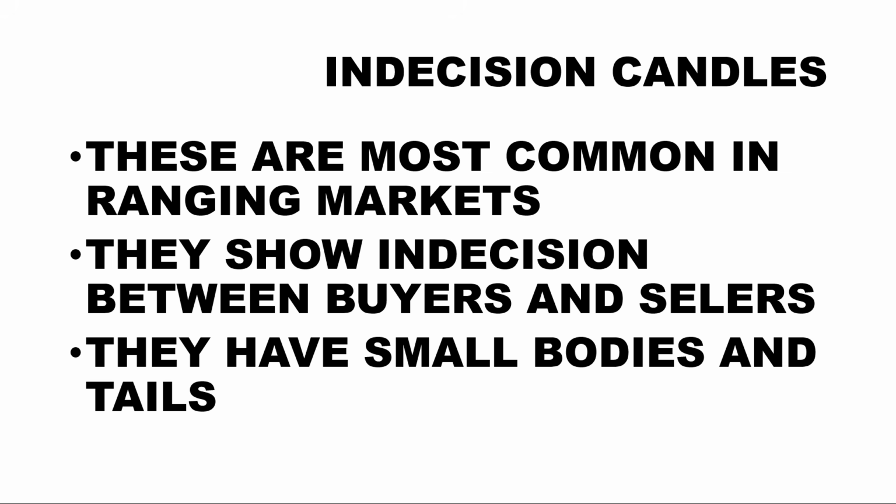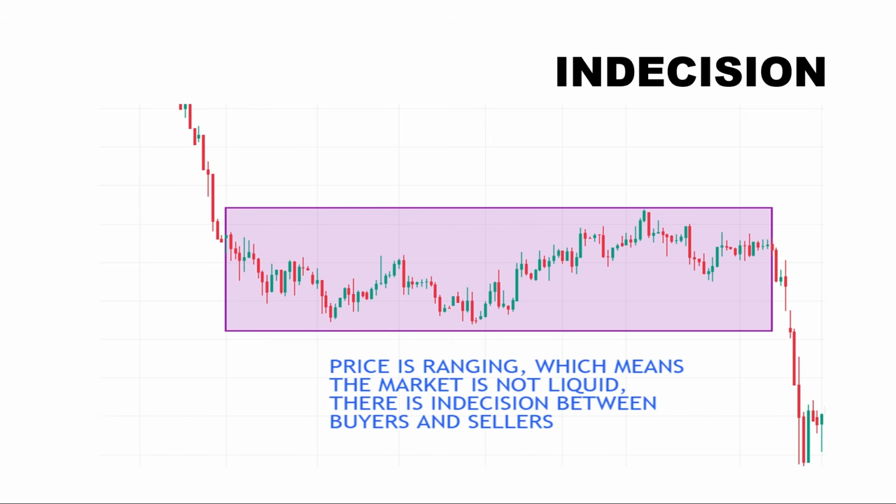These ones, you remember strength candles have big bodies and small tails, right? Control shift candles have big tails and small bodies. These ones have small bodies and small tails. You see the difference there. So this is an example of indecision candles.